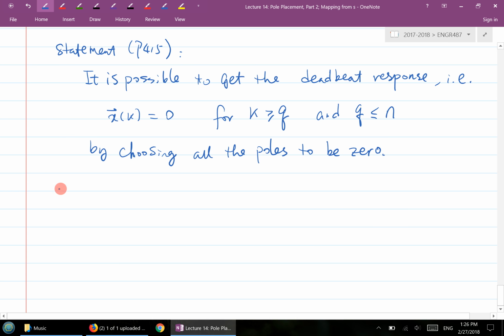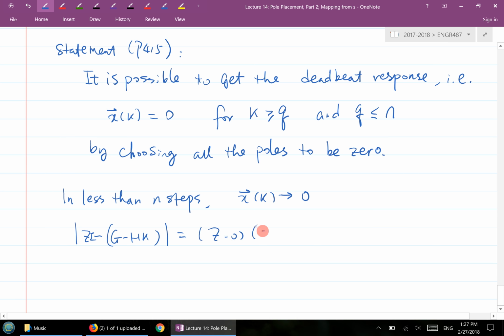But before we do that, let's summarize a little bit here. So basically, in less than n steps, your x of k goes back to 0. This is done by having all of the poles at 0 location.